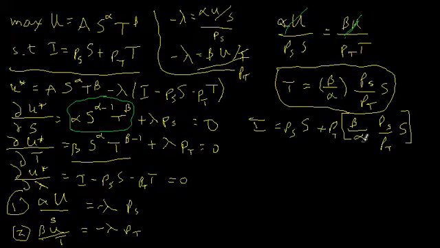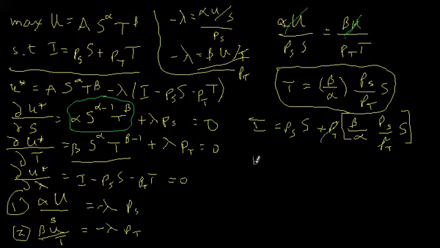And now we can start simplifying expressions. And what we'll find in the end, for example, we can see that this PT cancels with this PT, and we can factor out PS times S from both expressions.